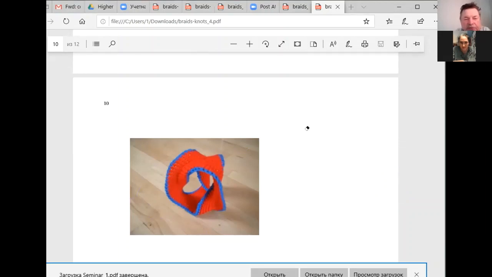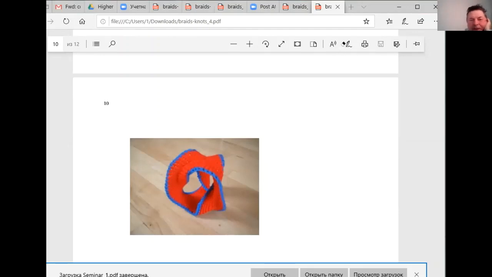So our aim is the following. In R3, to get something maybe not so beautiful, but Natalia, if you can do this in knitting or something like this, you can try to get the following things and give it to the children to play with.